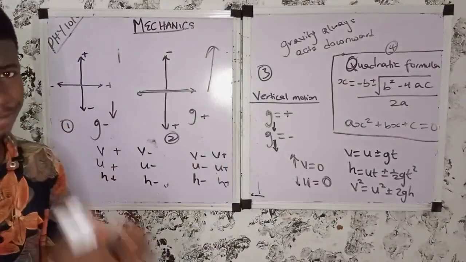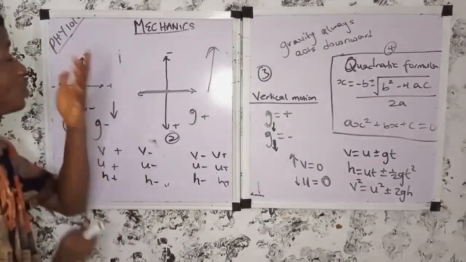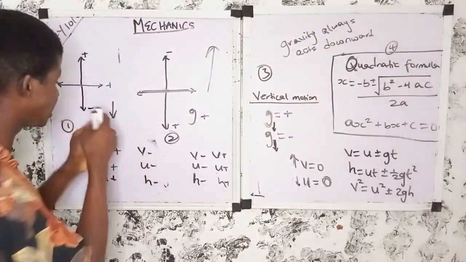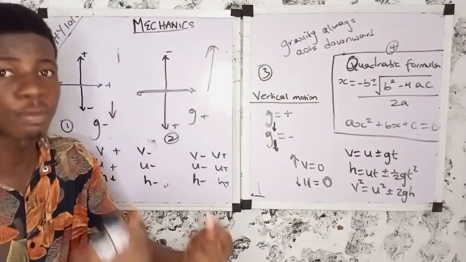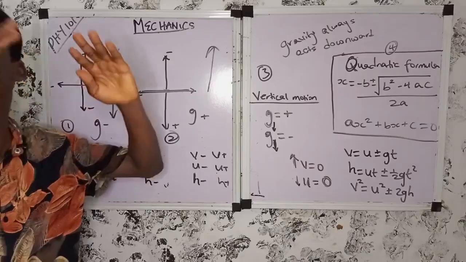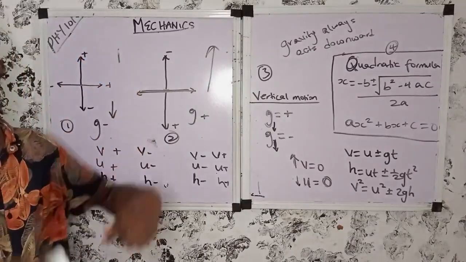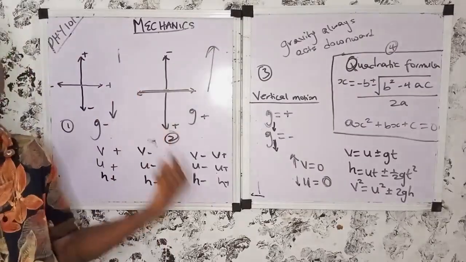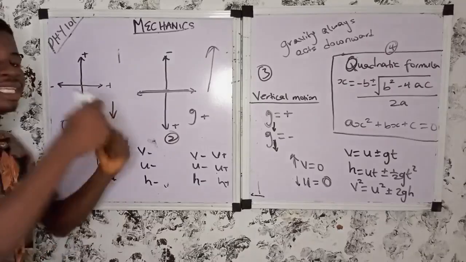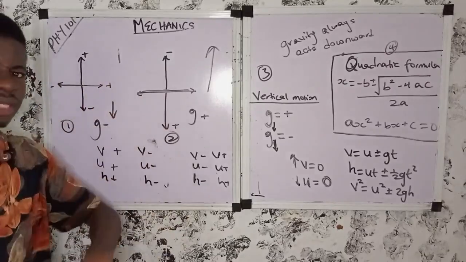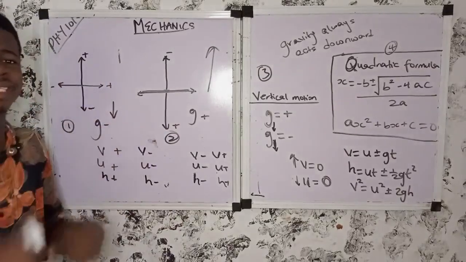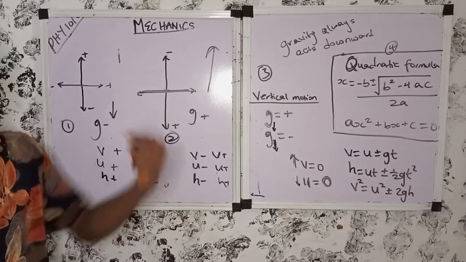But G is not affected by the direction of motion of the object. The sign of G depends on the type of coordinate you use. If you throw a body upward, or your body is falling down, we all know that G will always act downwards. Gravity always acts downwards. So in the first coordinate, downward is usually negative, so G is usually negative in the first coordinate because G acts downwards.